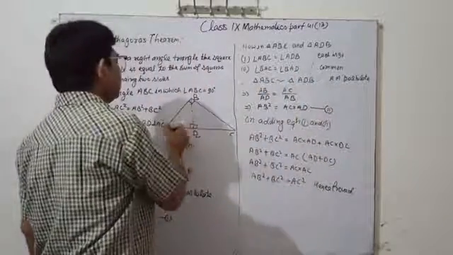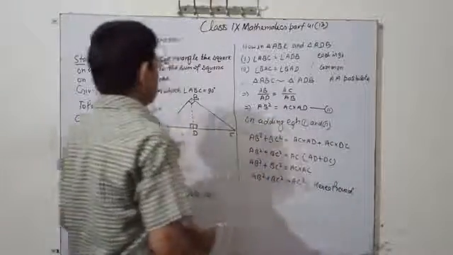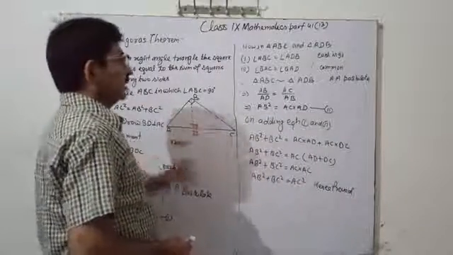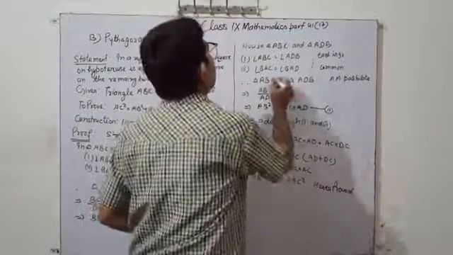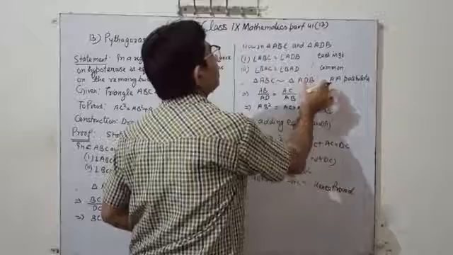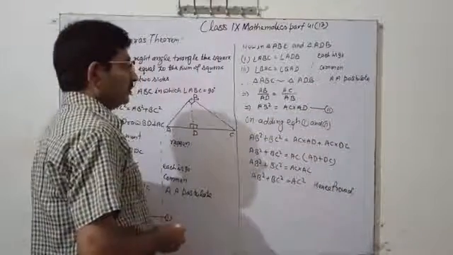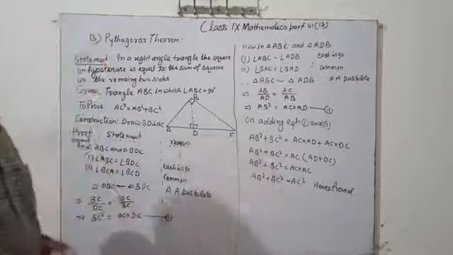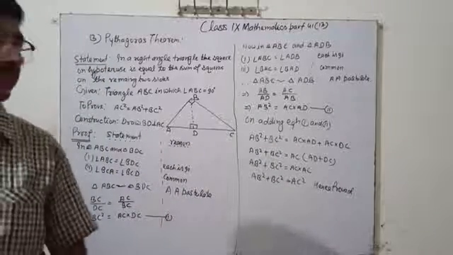Angle BAC equal angle BAD, that is common. Triangle ABC and ADB are similar by angle postulate. Therefore, the corresponding sides of similar triangles are proportional.